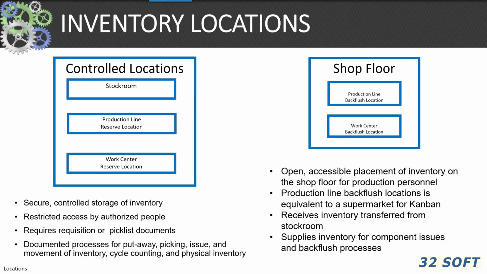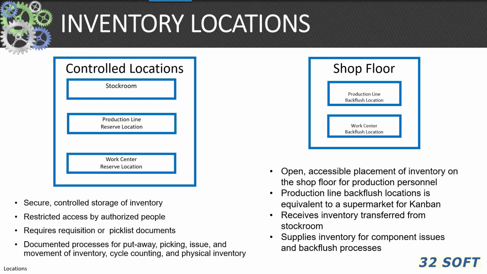In the new production order functionality, there are basically two new types of locations. Both are considered controlled. The controlled locations are pretty much the old standard locations that we are familiar with: secured control, storage of inventory, restricted transactions. But you also now have a product line reserved location and a work center reserved location.